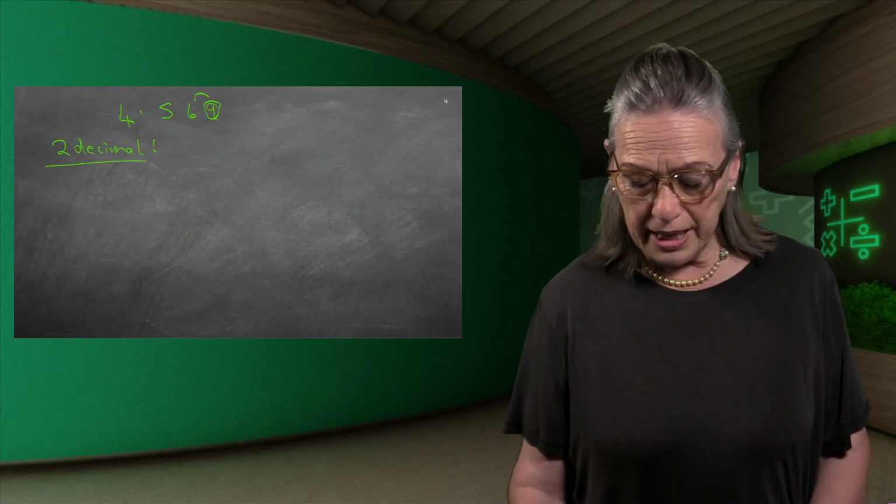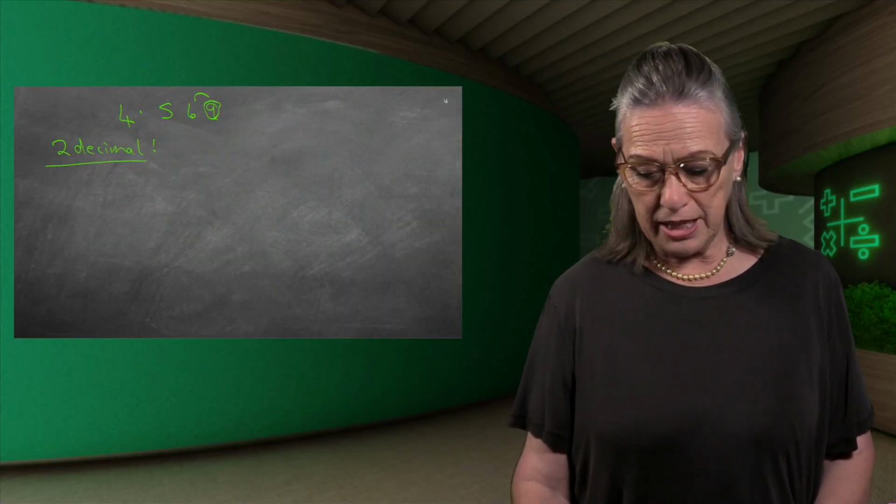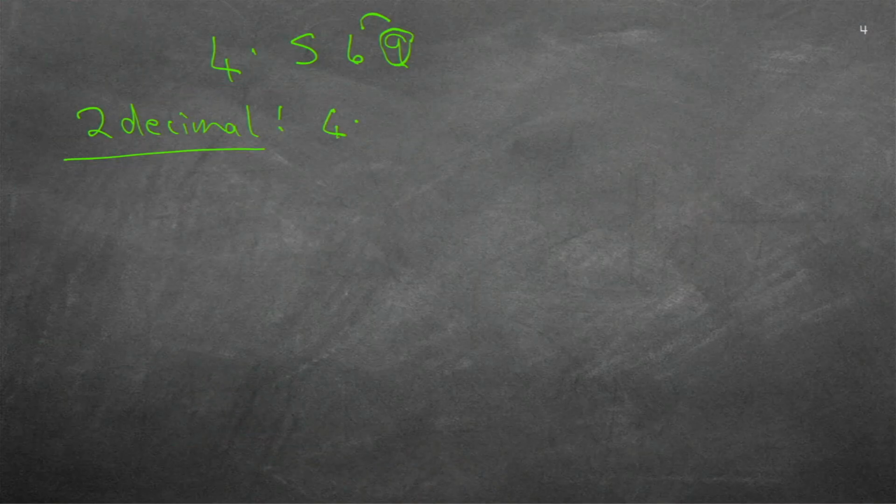Now let's do an example. 4,569, for example. They ask us to round it off to 2 decimal places. There's our second decimal place and we look at the number on the right and that is a 9. It's 5 or larger, so we know we're going to change this number to 4,57.